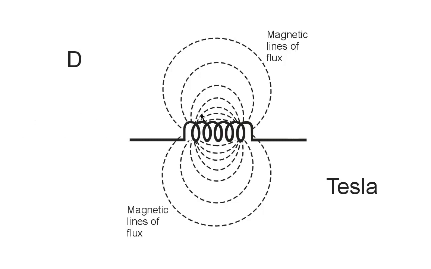But the density, notice here that the magnetic lines of flux, which are imaginary lines, they don't really exist as fibers in space, they're theoretical lines that sort of indicate the contour of a magnetic field around a particular object like this. Notice that the lines of flux are closer together near the coil.